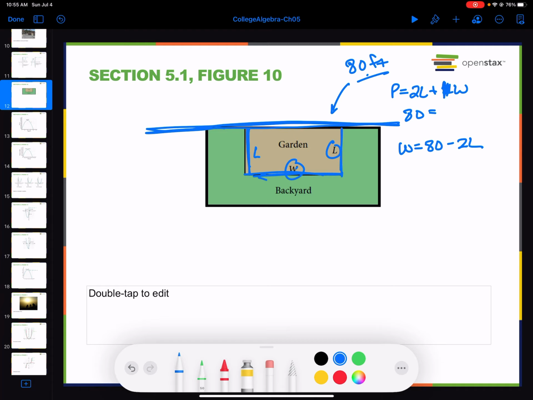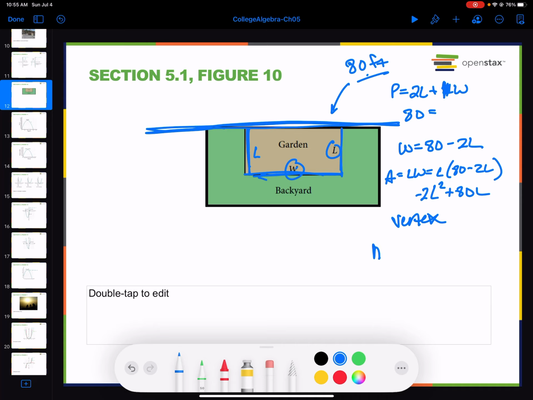So now we've got our area, which equals the length times the width. And we want to know what the maximum of this is. So that tells us that we have L times 80 minus 2L. That's going to give us negative 2L squared plus 80L. And now we want the vertex.